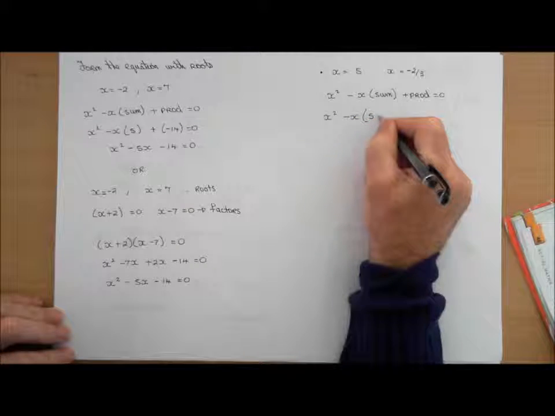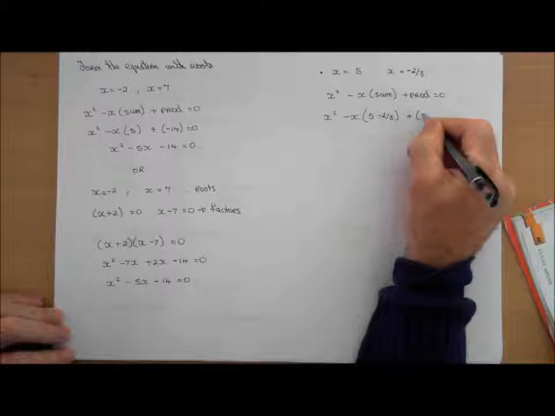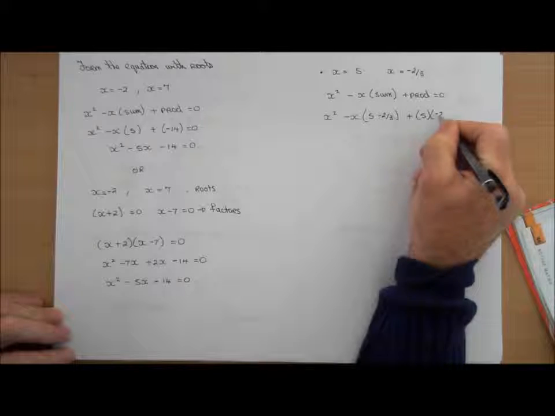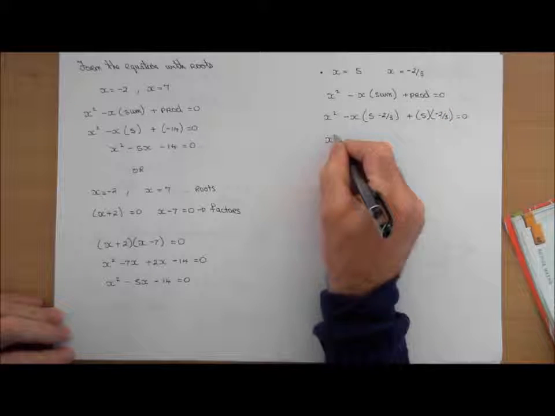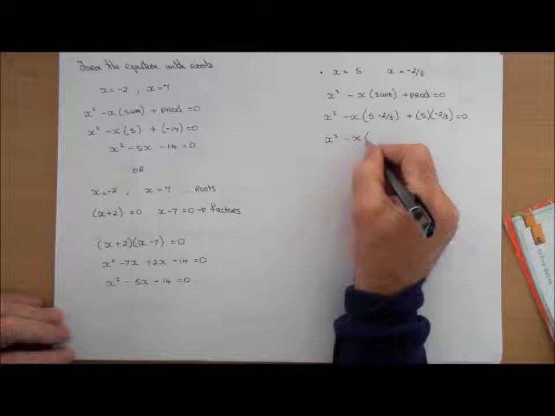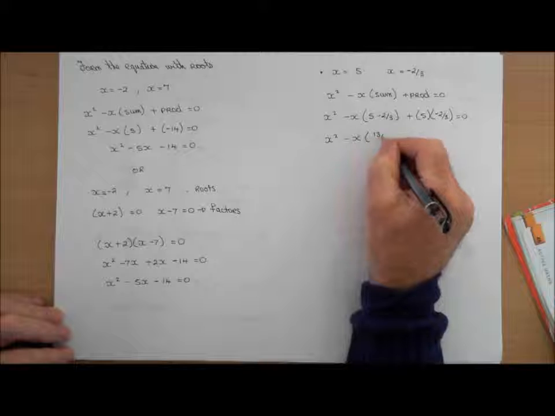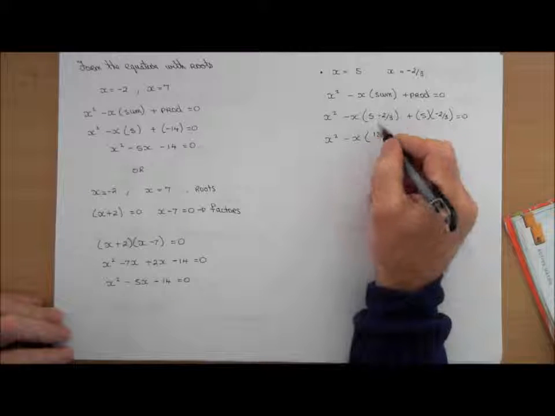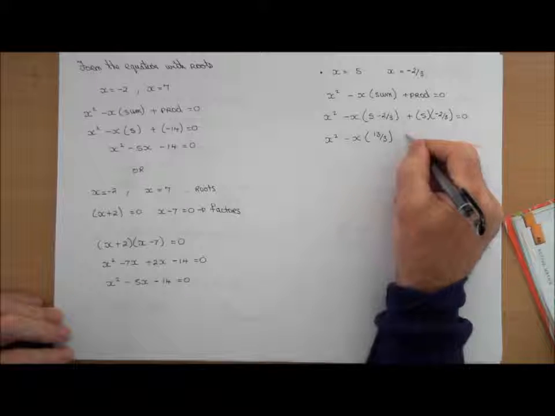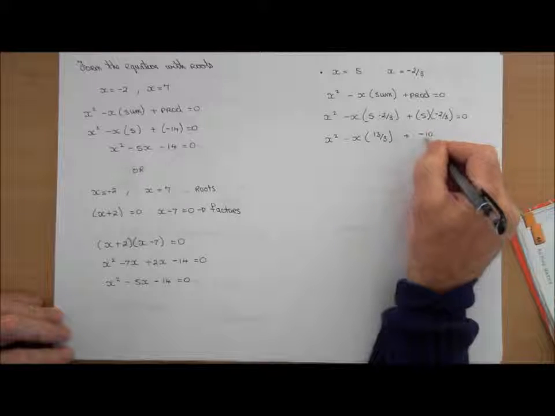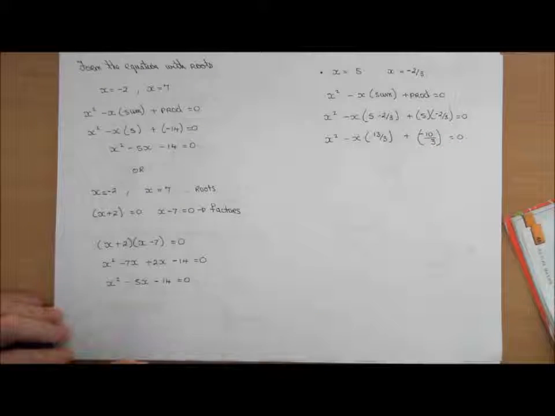Well, it's 5 plus minus 2/3, plus the product of the roots, 5 times minus 2/3, is equal to 0, which is x squared minus x times 5 take away 2/3. That's 13/3. Yes? 15/3 minus 2/3 is 13/3. Plus, multiply them, minus 10 over 3 is equal to 0.